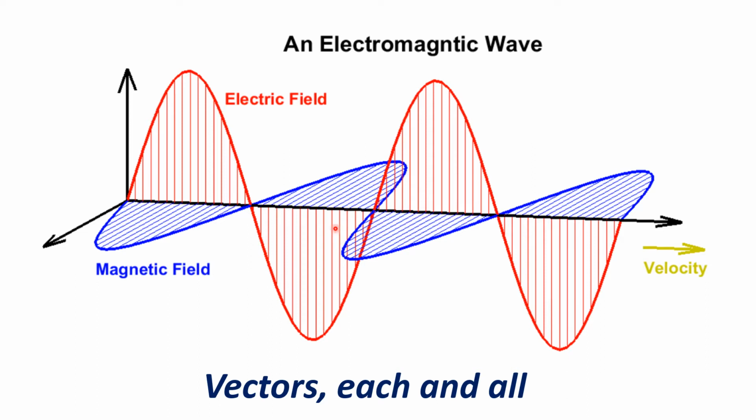And you see that the electrical field lives in the YZ plane, and together all this constitutes an electromagnetic wave. So these are vectors, each and all, and you see that all three of these vectors are perpendicular one with another at each point.